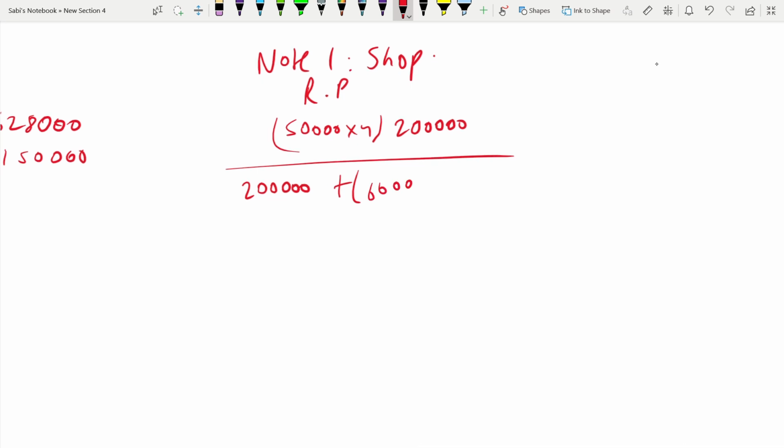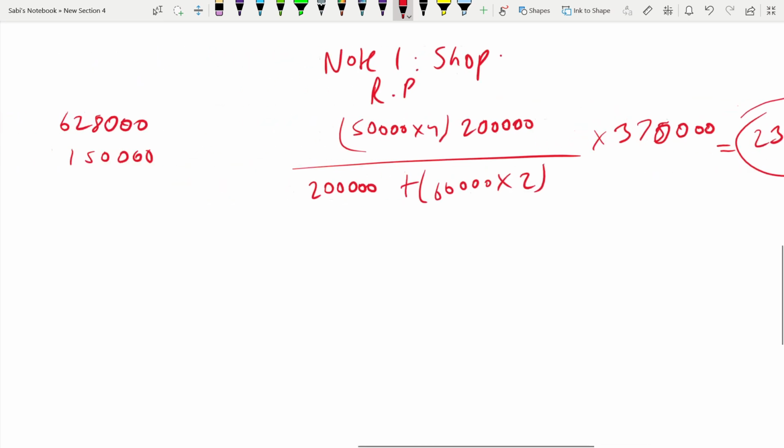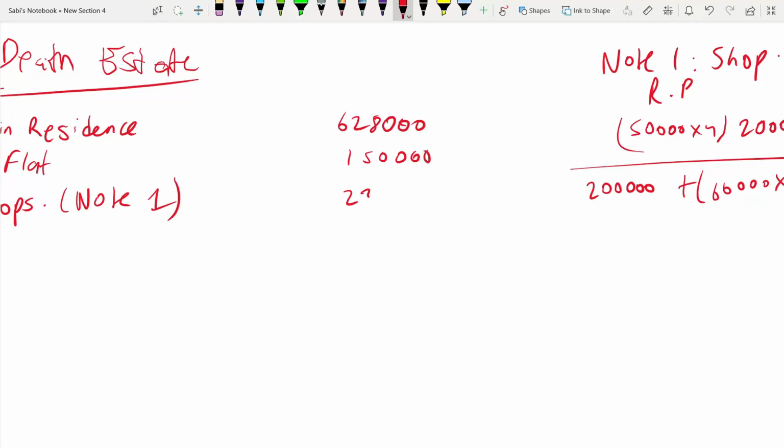Husband is B. 60,000 into 2 into total 6 flat is 370,000. So what is the value? 231,250. This is the value you have to put here in the main table. 231,250. This is how you have to do the working in your exam.